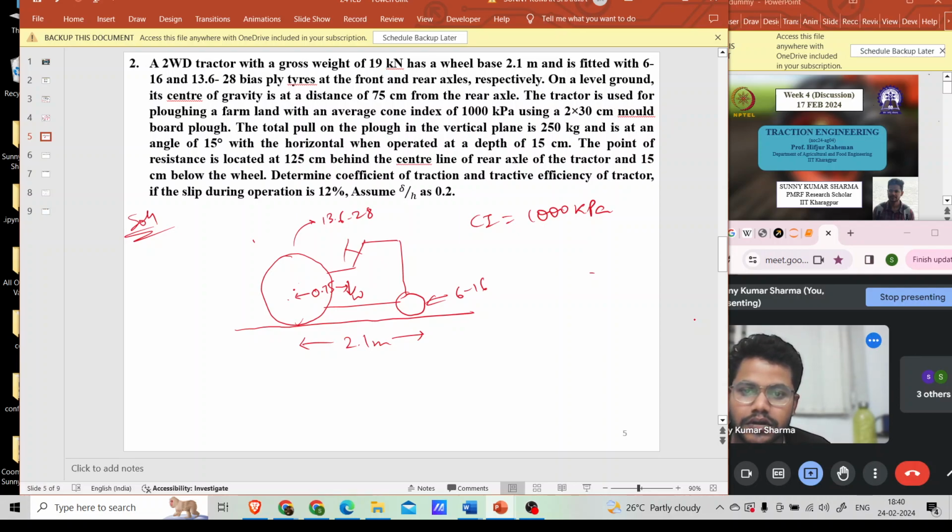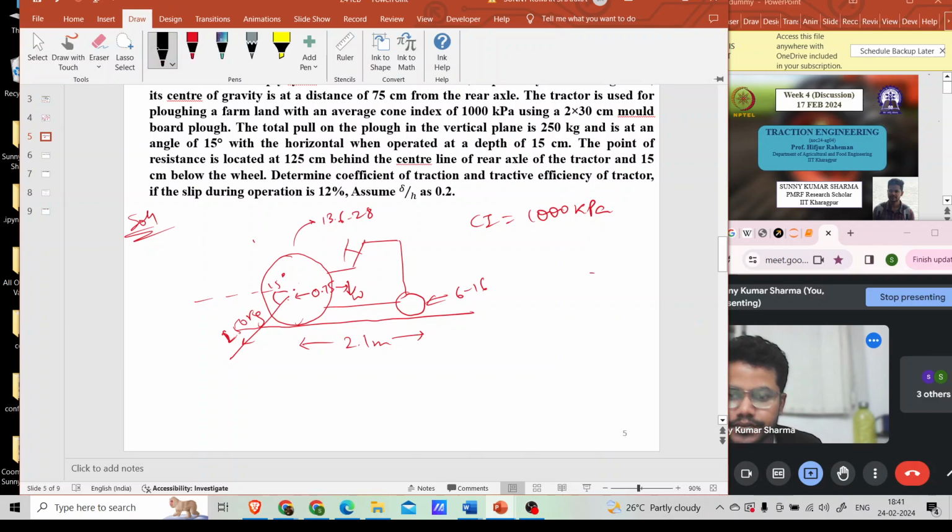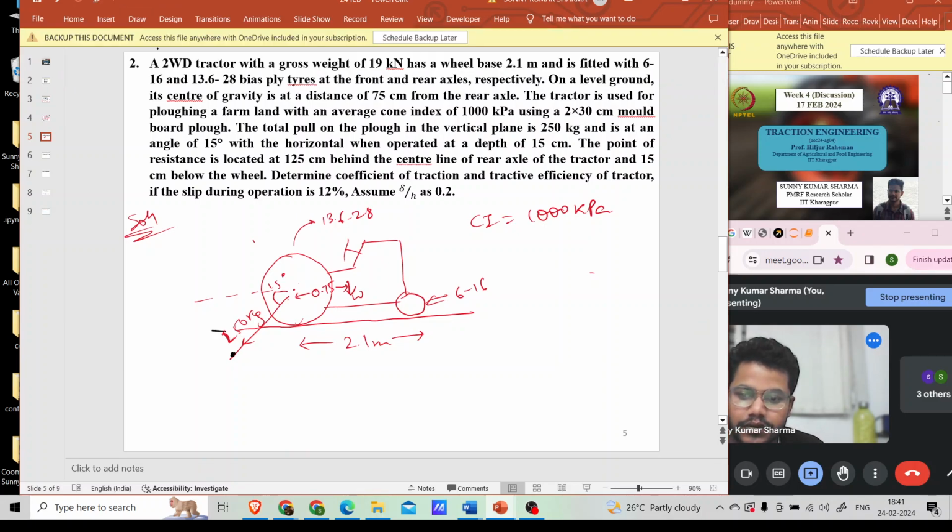The total pull in the vertical plane is 250 kg, acting at an angle of 15 degrees with the horizontal, when operated at a depth of 15 centimeter or 0.15 meter.